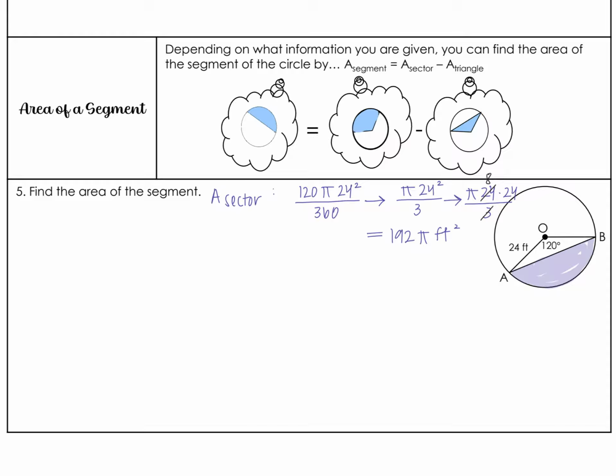Now let's move into the area of my triangle. So think back, we know that area of a triangle is going to be 1/2 the base of the triangle times the height of the triangle. Okay, so I'm going to draw here for you a triangle.